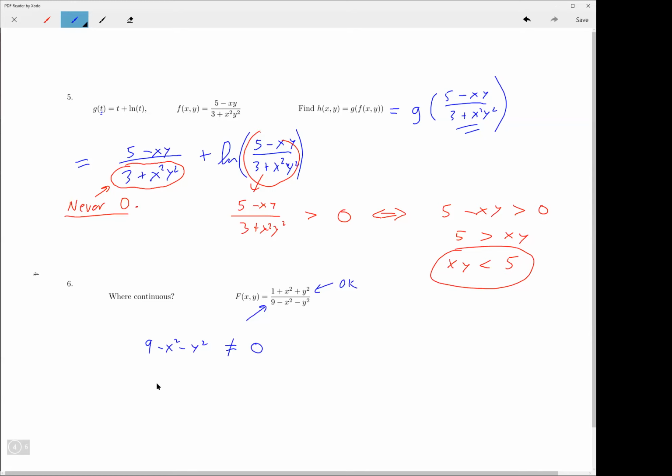So x squared plus y squared not equal to 9 is what you're going to need. So it's going to be everywhere except that. Okay, just like that.